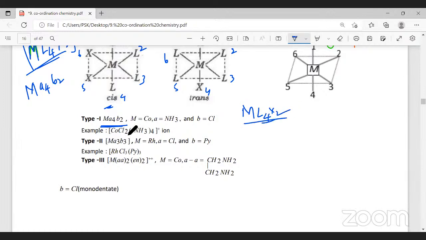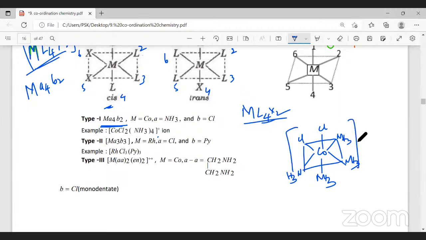The example is [Co(Cl)2(NH3)4]+. This is an octahedral complex. If I write like this, this is Co. I have Cl, I have Cl, and all these are ammonia. What type of isomerism is this?